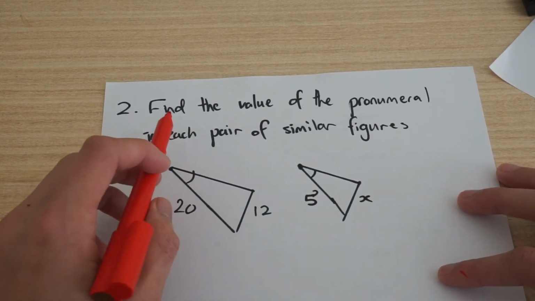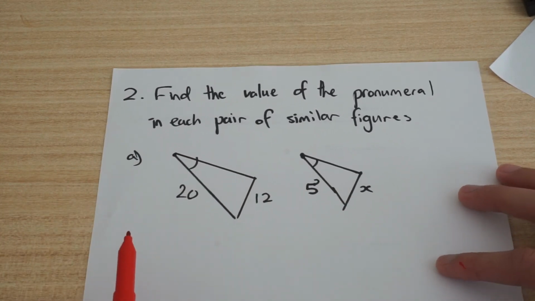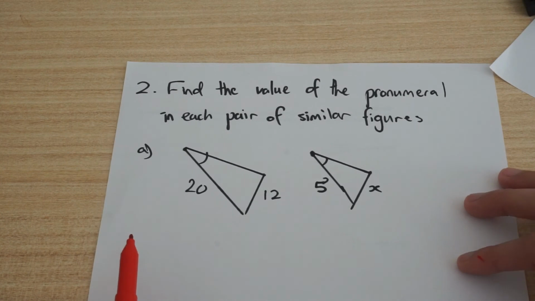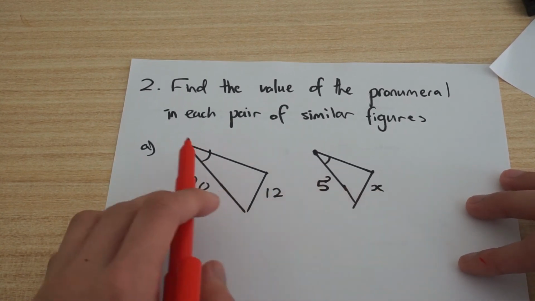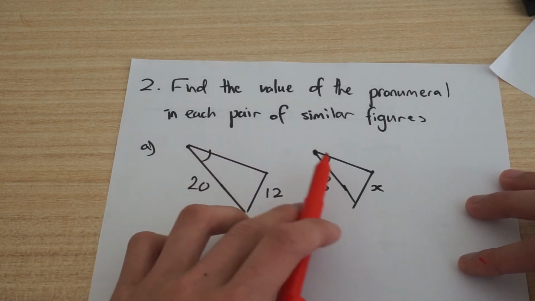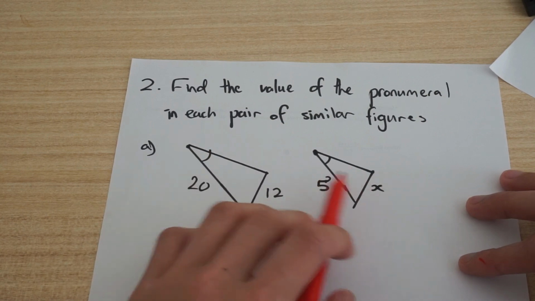They tell us that all the pairs of figures that we're given are similar, so we can use this scale factor idea. In this case you can see that we've got an unknown side here, x, and these angles here are corresponding, so you can work out that these sides are matching too.